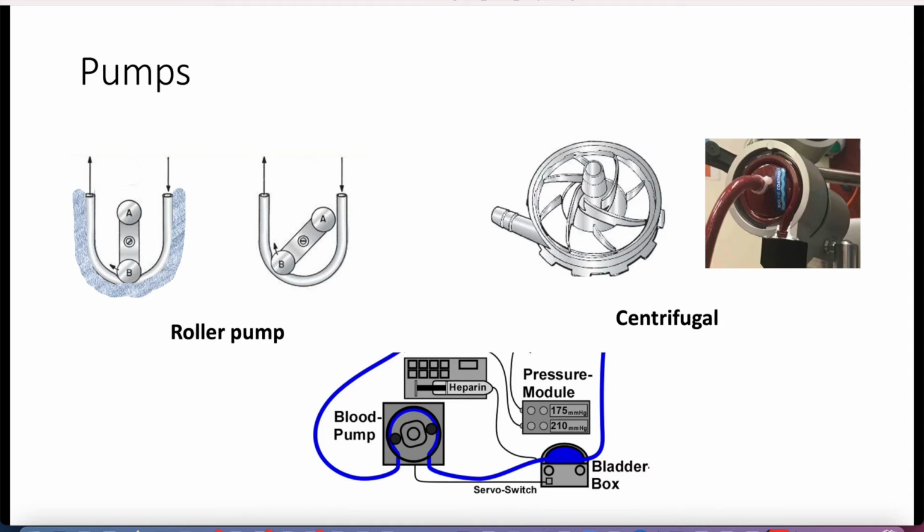Similarly, if the intravascular volume is low and the pump keeps pumping, it may generate very negative pressures on the venous side, which may lead to entrainment of air.